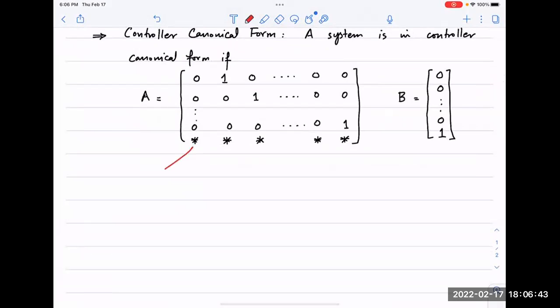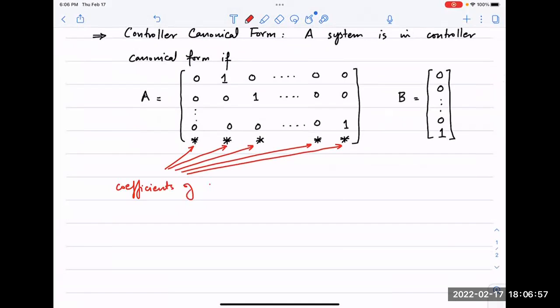Basically, these are the coefficients of the characteristic polynomial, in reverse order with a negative sign.